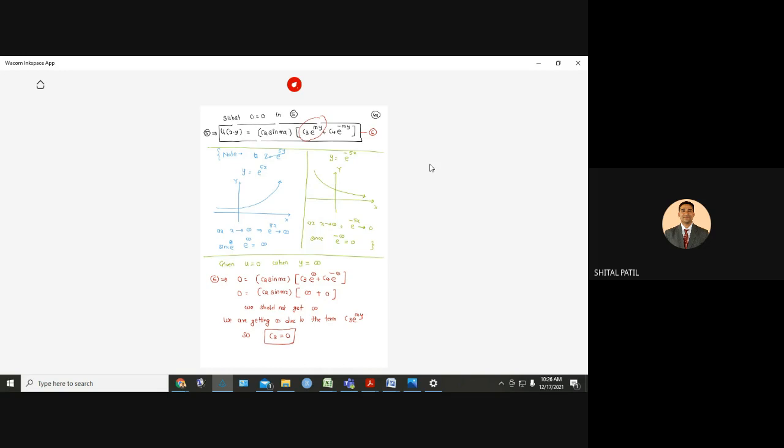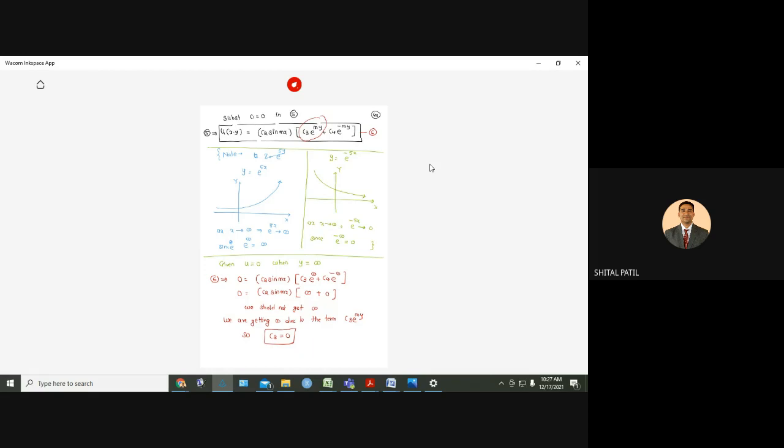You may feel some difficulty at this moment, but try to understand it. c3 should be 0 so that we will get a finite answer. Else, due to c3 e raised to my we will get an infinite answer. So to avoid infinity we made c3 equal to 0. Therefore, we consider c3 equal to 0.